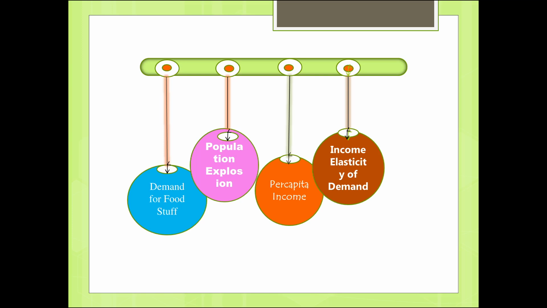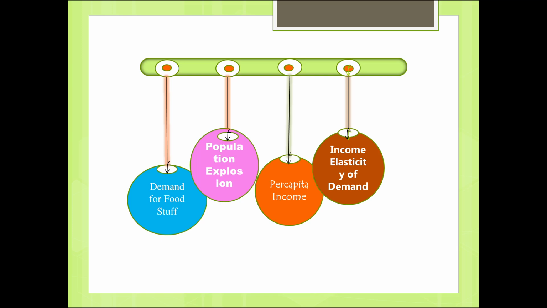Any underdeveloped or developing economy is on the road of development, so there is generally more demand for foodstuff because of all these three reasons. Why is there a demand for more foodstuff? Because of population explosion, per capita income, and income elasticity of demand. Here we will explain these one by one.